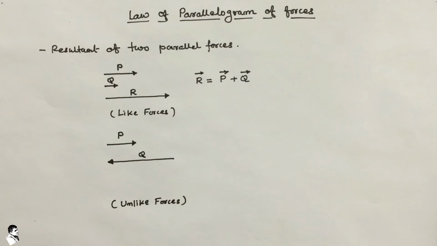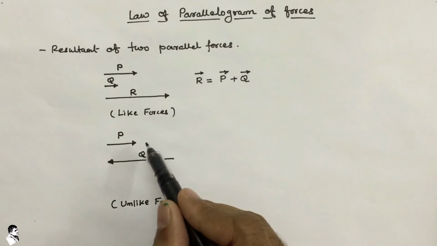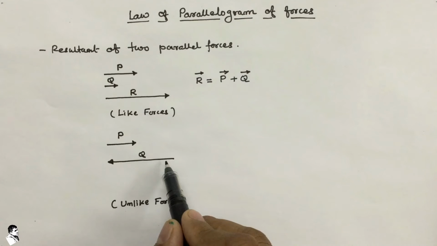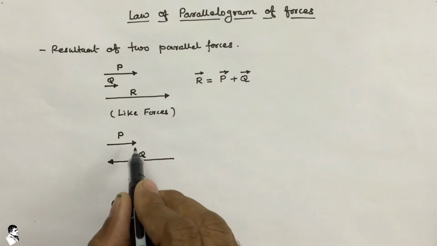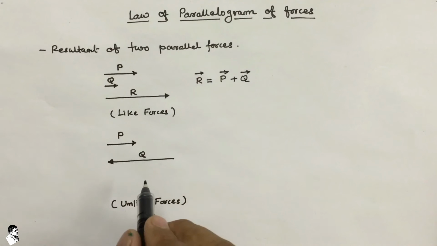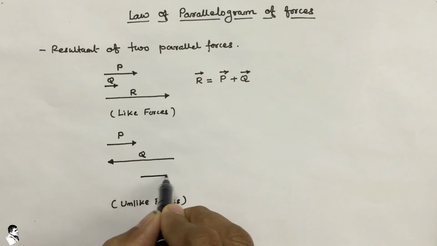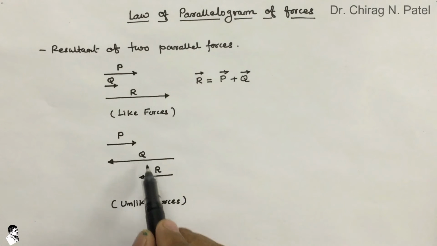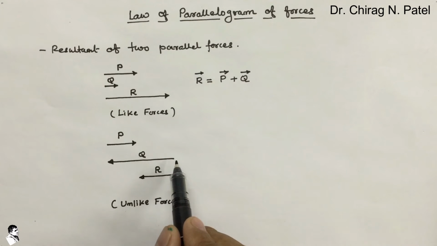The resultant of the two forces P and Q in this case will be the arithmetical difference between the magnitudes of force P and force Q. Further, the direction of the resultant force R will be the same as the direction of the greater force, and the greater force is Q. So here we just take the arithmetical difference of P and Q, so our R is like this, in the direction of force Q, because Q is the greater one.